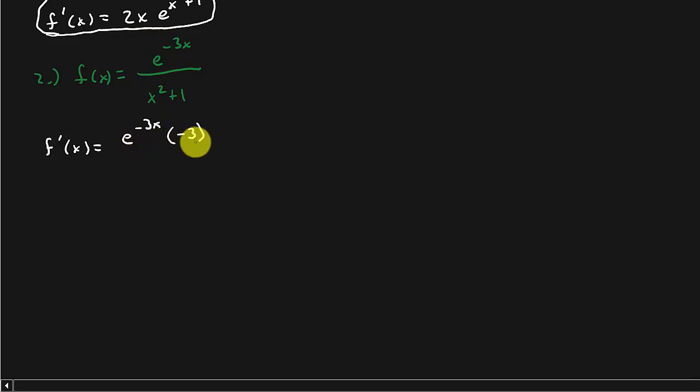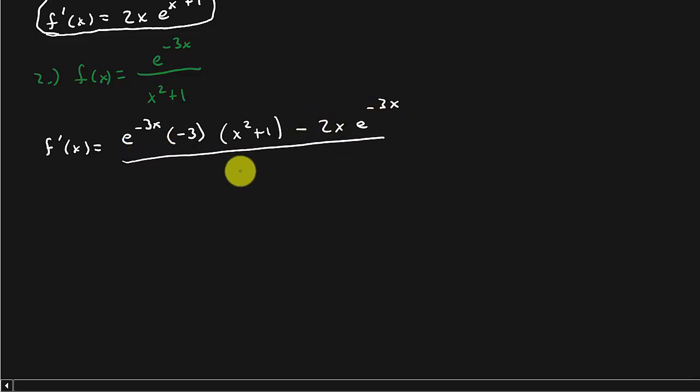So e to the negative 3x is e to the negative 3x times the derivative of your exponent, times the denominator. So this is the derivative of the numerator times the denominator minus the derivative of the denominator times the numerator, and then all that over the denominator squared.